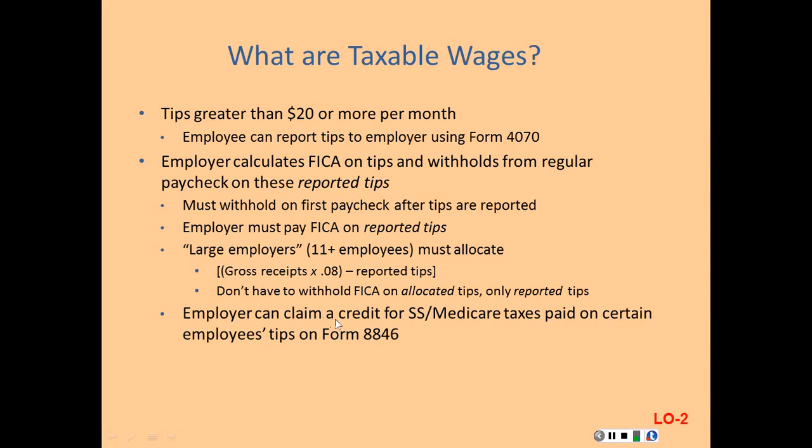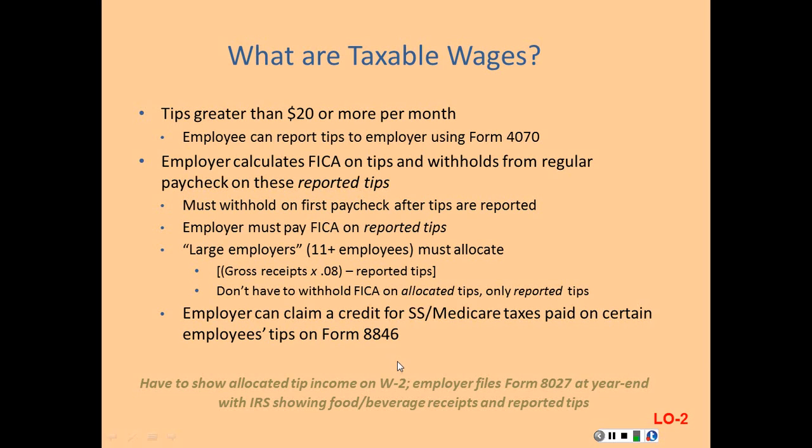Okay, the employer can claim a credit for FICA taxes paid on certain employee tips on that form. That's interesting, possibly if you're actually having to produce the form. So we're not going to get too worried about that here. This is telling us that the employer has to show the allocated tip on the W-2 that they submit at year end. It's just a disclosure that they tie together onto that W-2.